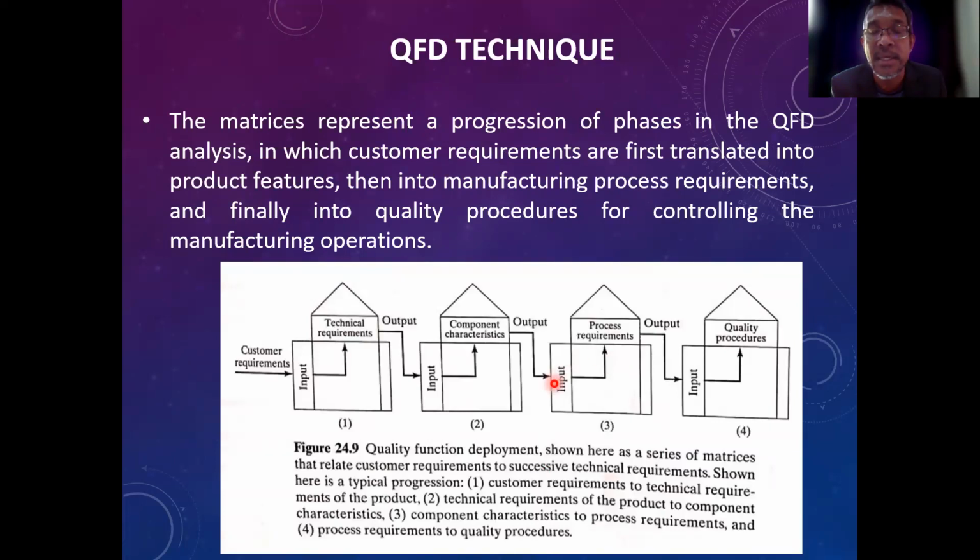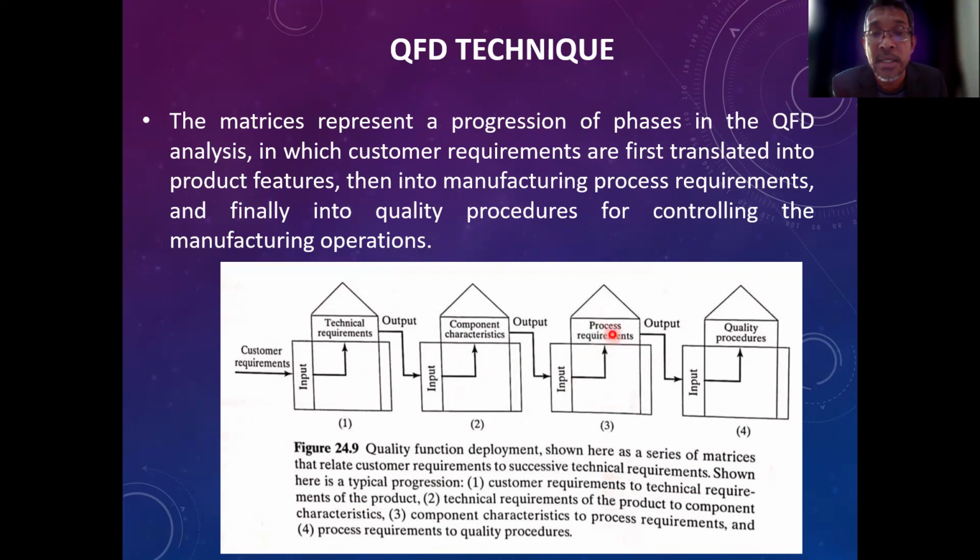Process requirement is we need to find out the best way to conduct a manufacturing process to produce this design, for example, the process, the sequence, the procedure. So this is a process requirement.